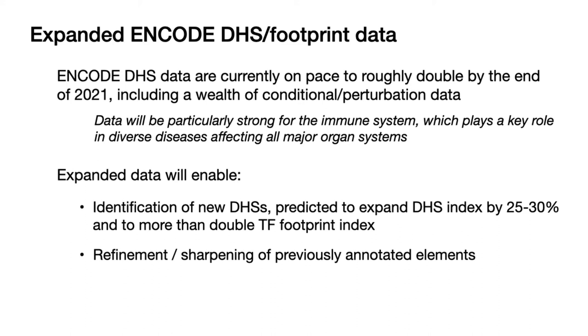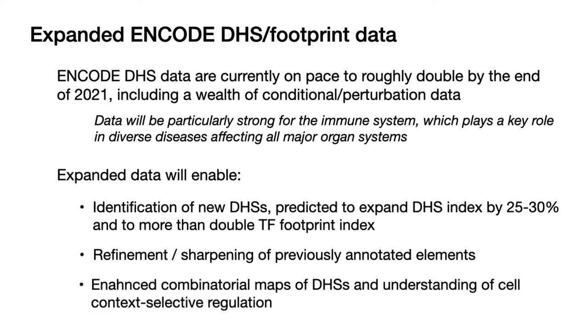Secondly, because all of the data are additive and self-reinforcing, they are going to enable refinement and sharpening of previously annotated elements on the genome. And finally, they're going to give a new perspective on combinatorial activation of DNase hypersensitive sites and the understanding of cell context selective regulation.